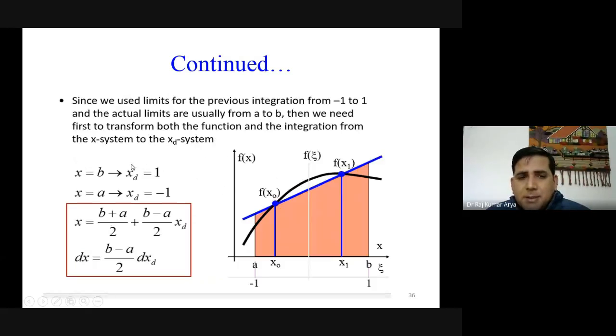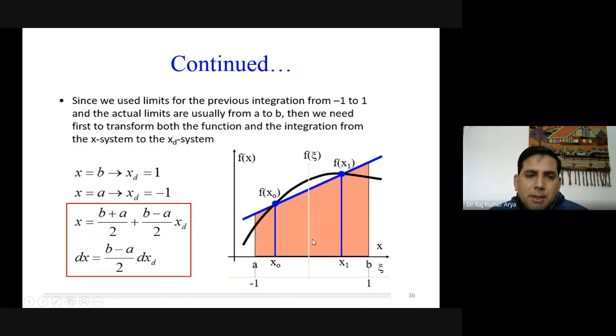Same way, this is what you did here, that if you want to convert your limit, practically you have to convert the limit from whatever you have to -1 to 1. So that always needs some conversion. The limit conversion you might have done most of the time in your mathematics, but you can still do that.